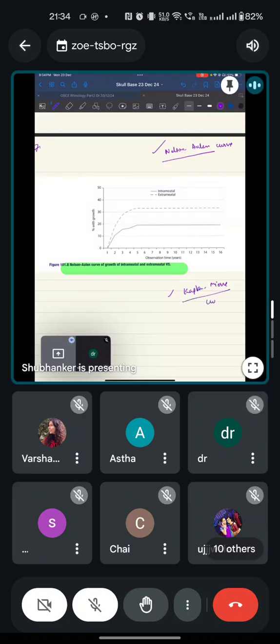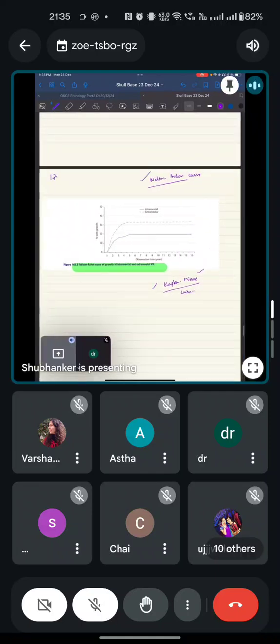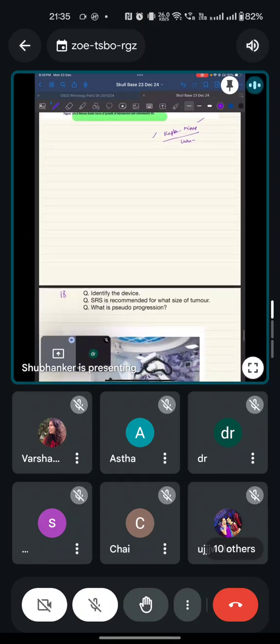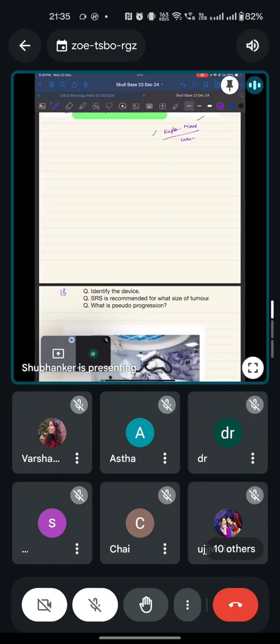I have seen Kaplan-Meier in a question. Nelson-Allen I have not seen till now, yet to see. But don't be surprised. It's a name given in Scott-Brown itself. A typical graph is there, and they have given a name to this curve. So please go through it. You'll get 1 mark for it. We are interested in getting marks till you cross that 150 marks. Pass hona hai. Okay. Chalo, moving ahead.